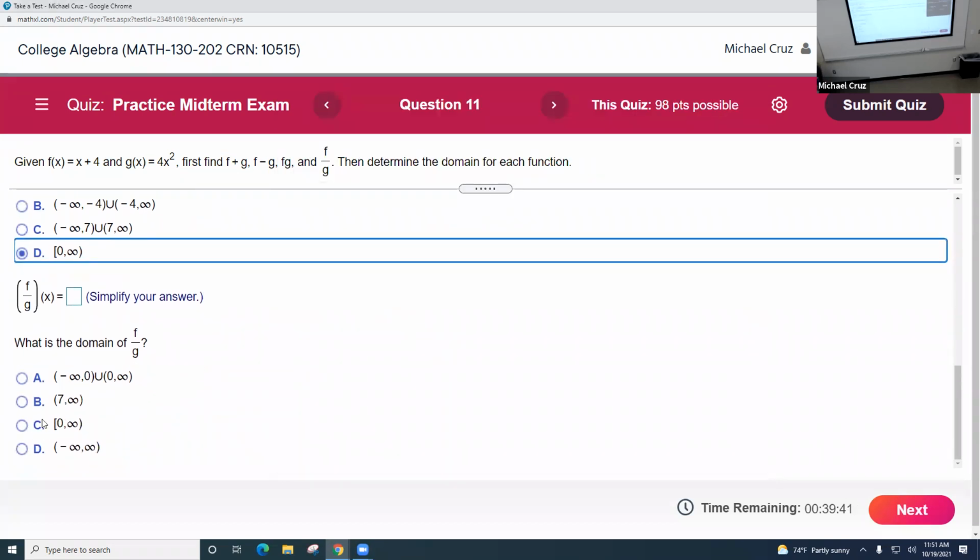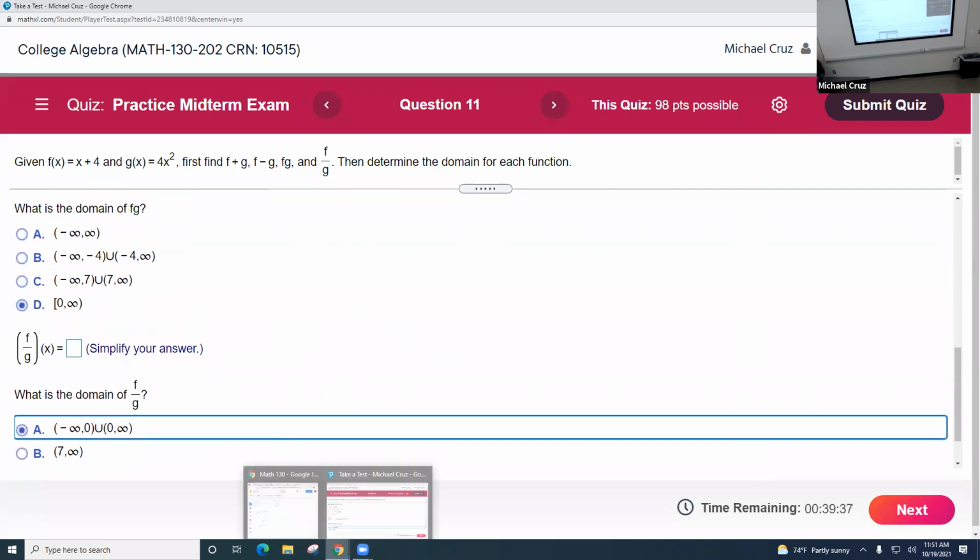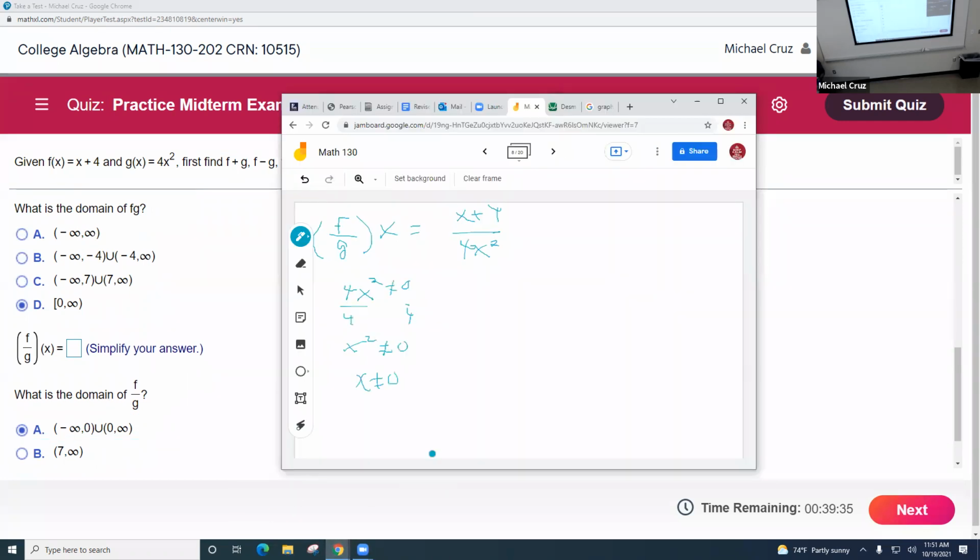So that's that right there. Now, I don't know if there's a way to really simplify this thing. I think that's about all we can do. I mean, you could do this. Let's just see.